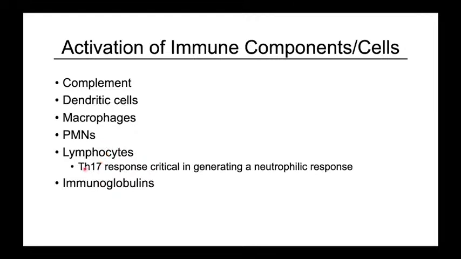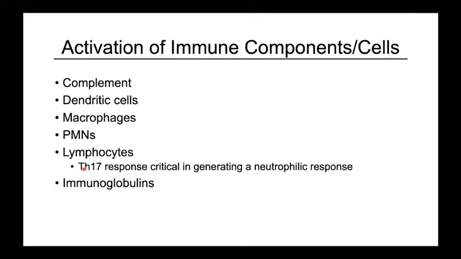For the T cells, I just want to mention that the T helper 17 cells have been shown to be very important. Remember yesterday I said that this is the newest subset of T helper cells identified. The CD4 cells usually have three components. So the T helper 1 that are involved in pro-inflammatory responses, T helper 2, which are mainly involved in antibody-mediated responses, and then the T helper 17, which usually produce interleukin-17 that is highly chemoattractant for neutrophils.